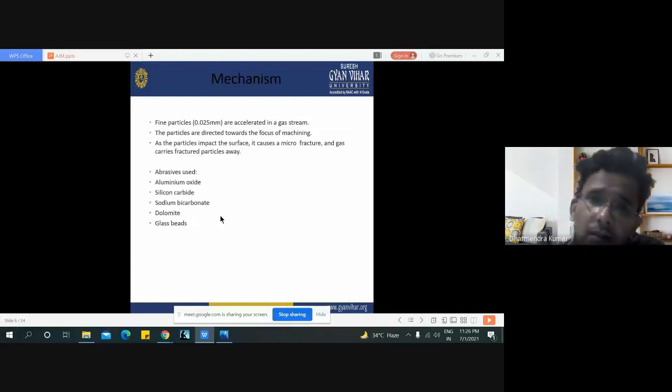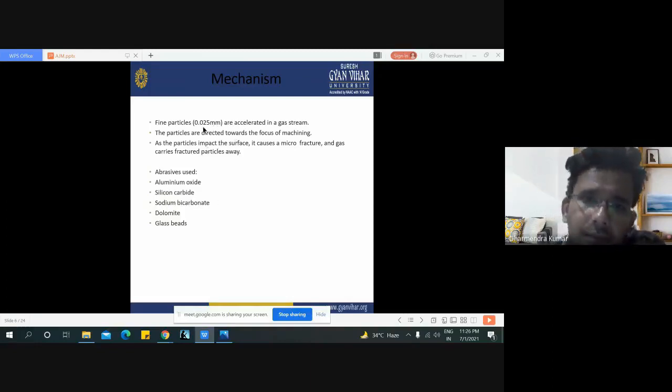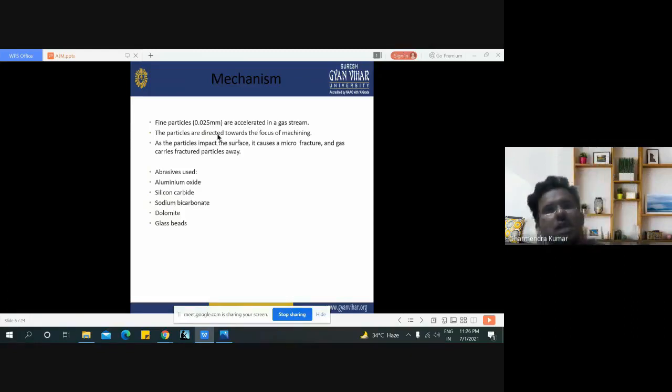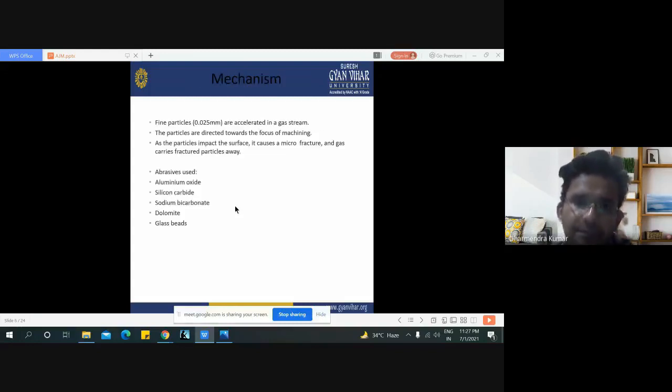Here is the mechanism of abrasive jet machining: fine particles of 0.025 mm, known as abrasive particles, are accelerated in a gas stream. The particles are directed towards the focus of machining.